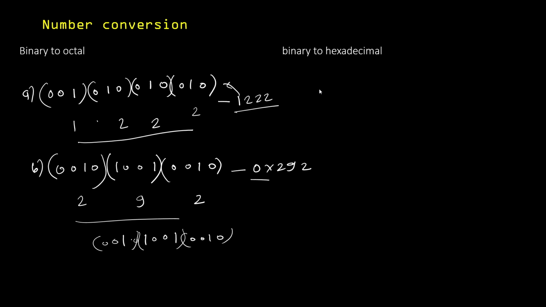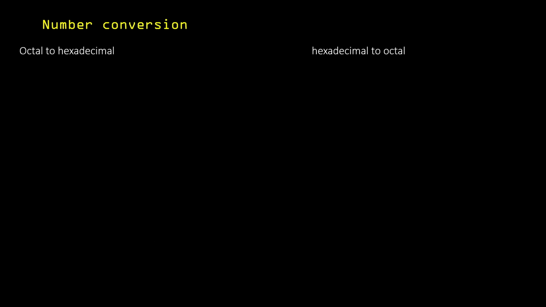Let's use our last method, which is to convert from octal to hexadecimal and hexadecimal to octal. Whenever you are asked to convert an octal number into a hexadecimal number, or a hexadecimal number into an octal number, we are going to use one simple approach. Let's take an example of an octal number, say 72.